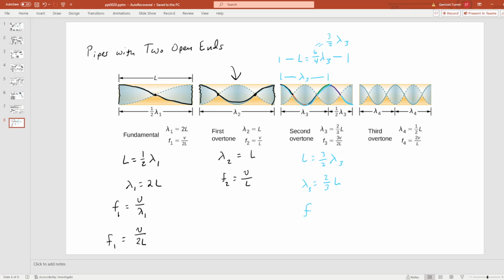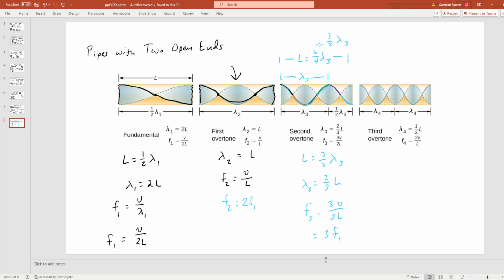And the frequency associated with that is 3 times the velocity divided by twice the length of the pipe. And so you'll notice that F2 is just 2 times F1, F3 equals 3 times F1, and so forth, right?